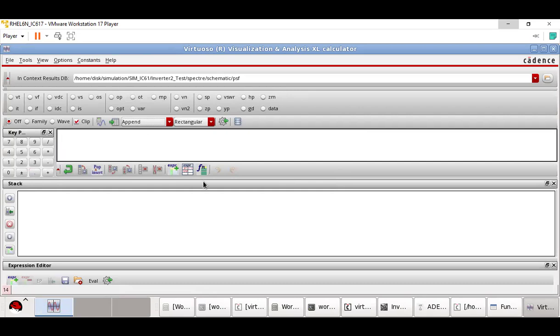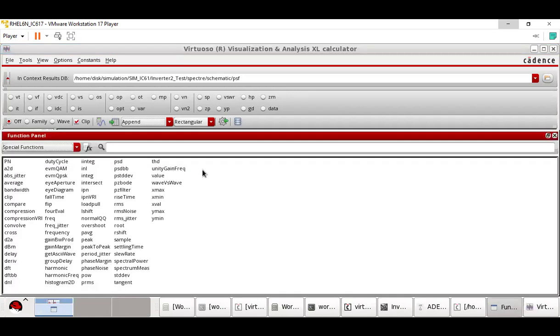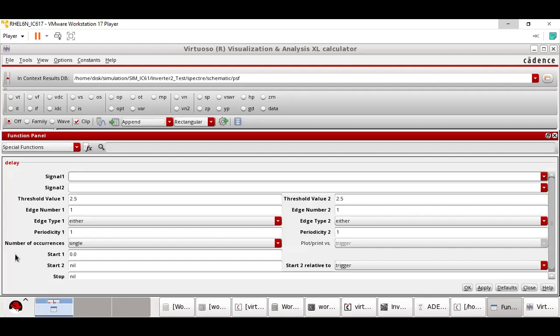In calculator, when you use this tab function, you see a lot of functions over here. In these functions, you use this delay function. When you click this delay function, this sort of a window turns up.